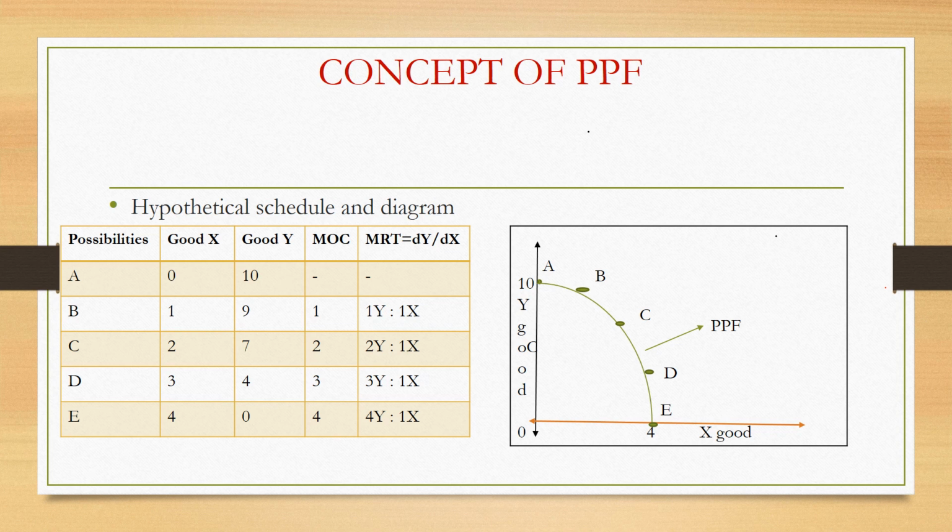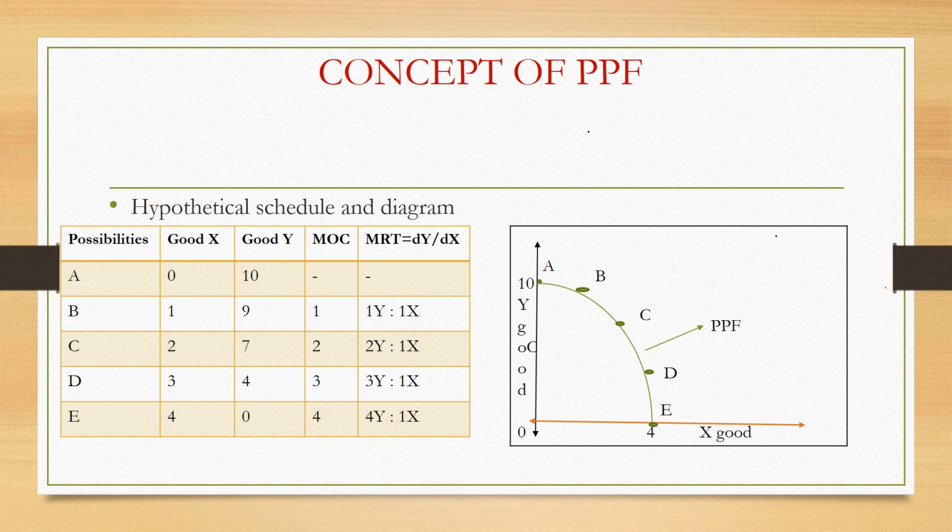Now let us see the diagram. If the economy uses all its resources to produce only good Y, then it can produce 10 units of good Y and no good X can be produced.